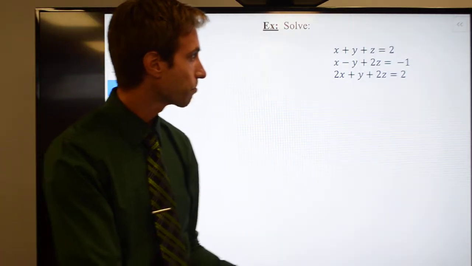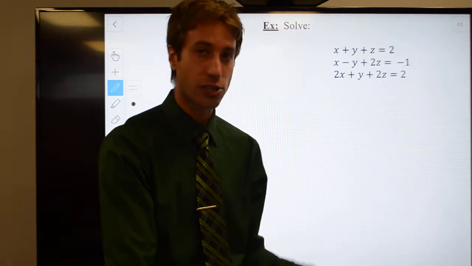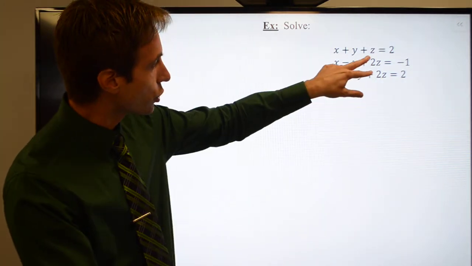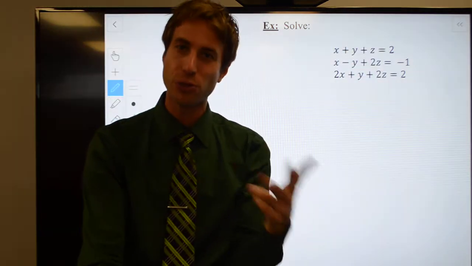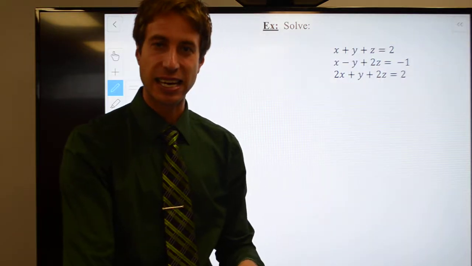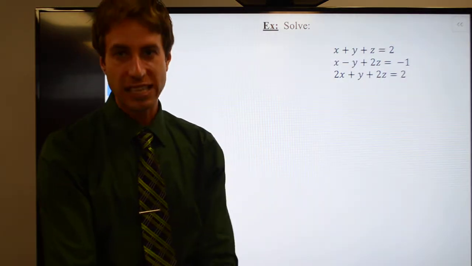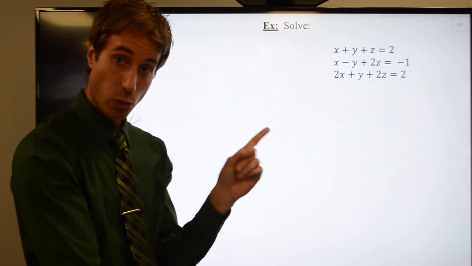The z. I got a plus 1, a plus 2, and a plus 2. Okay, awesome. Those two are the same, but that one's different. So I do have two different coefficients. And again, they're all the same sign. So that's probably not going to be the best option, especially when I take a look at the y's.